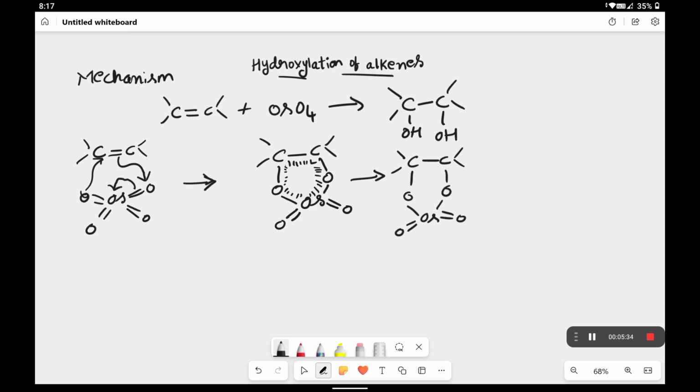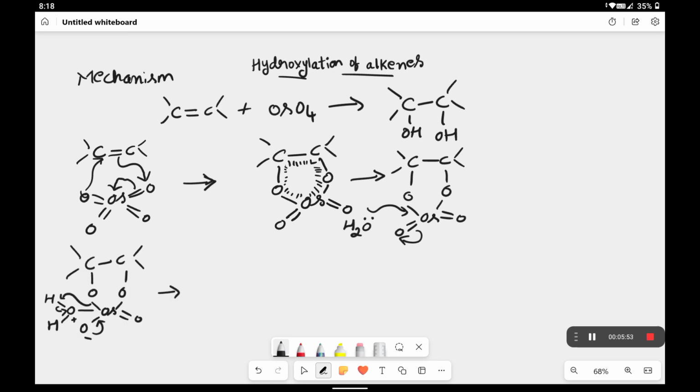Then it undergoes subsequent hydrolysis. What is hydrolysis? A water molecule adds to the osmium double bond O, and this bond is going to polarize. When the water nucleophile attacks, it forms an intermediate.